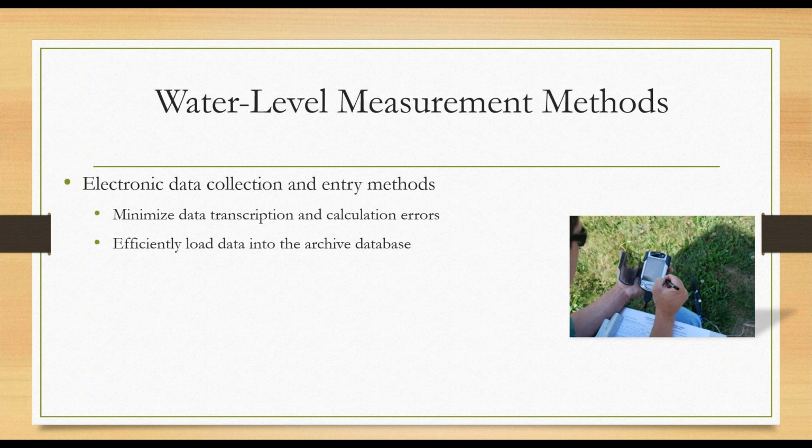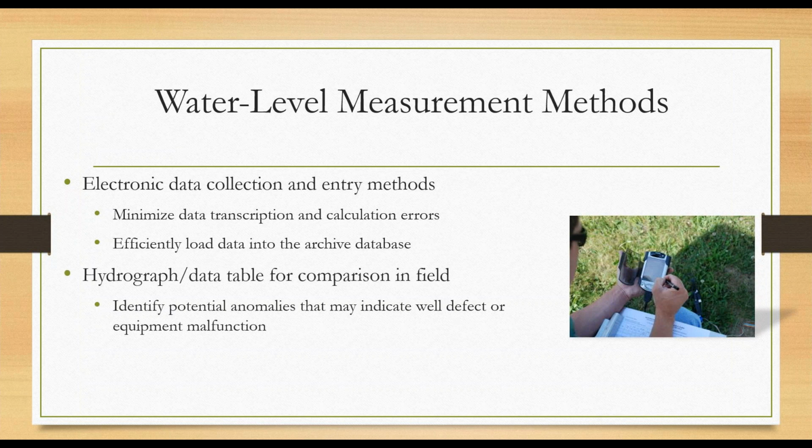But by doing electronic data collection and data entry, we try to minimize those types of errors when we collect the data. It also helps us effectively load the data into the database and archive the data with all the metadata that goes with describing that water level measurement.